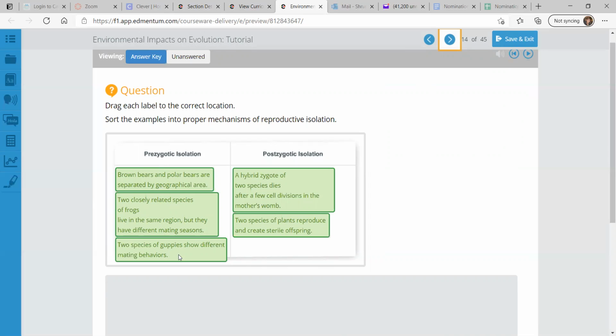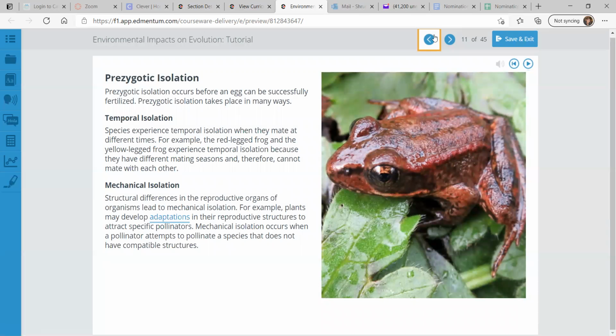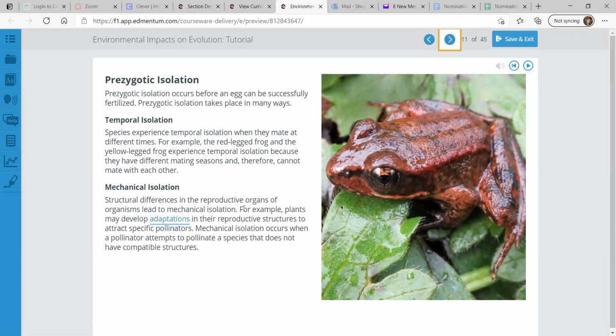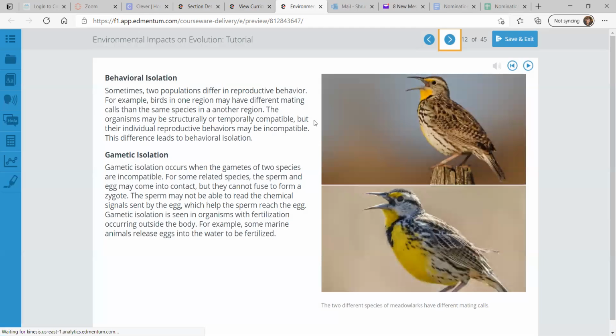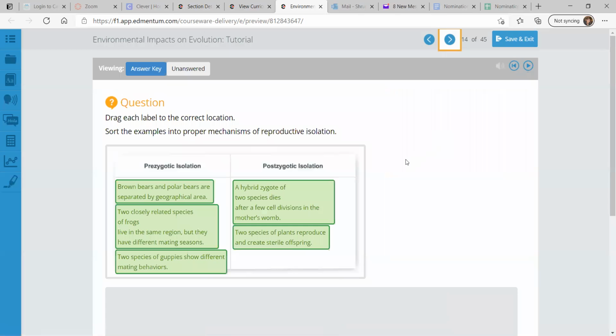Okay, so that's temporal isolation, behavioral isolation, and I guess that would be temporal, maybe behavioral too. At any rate, it's before the egg can be fertilized. That's what separates the brown bears and polar bears.